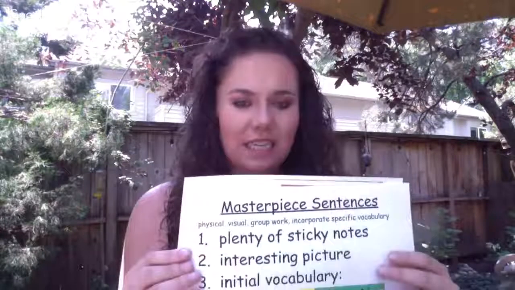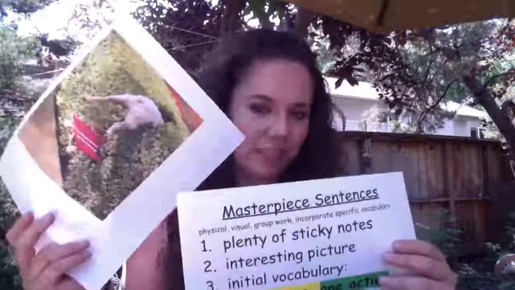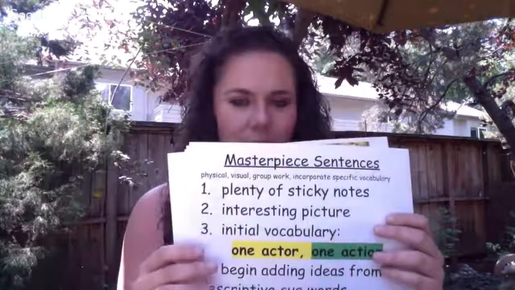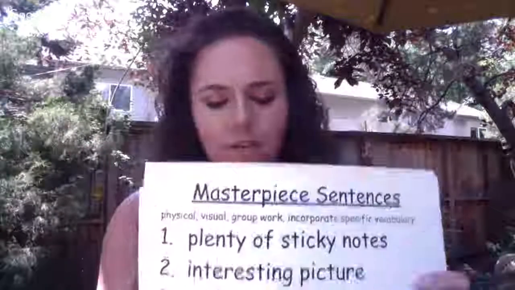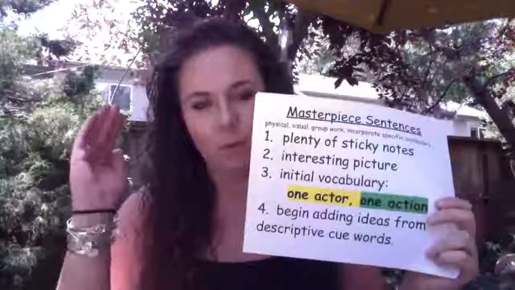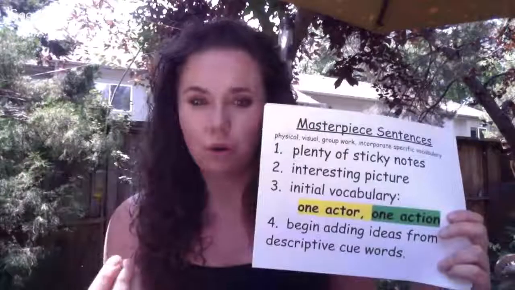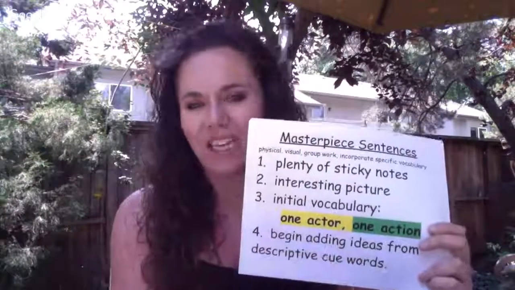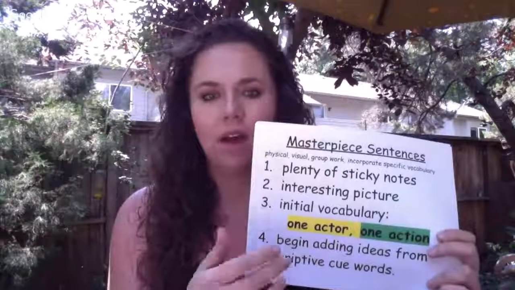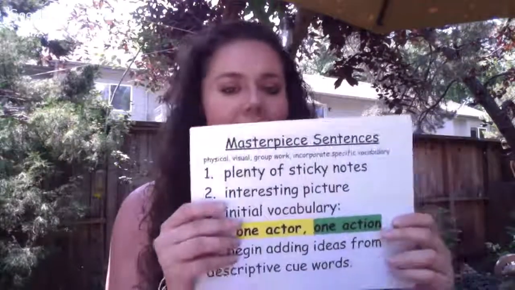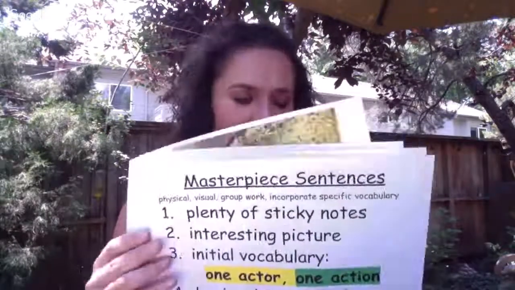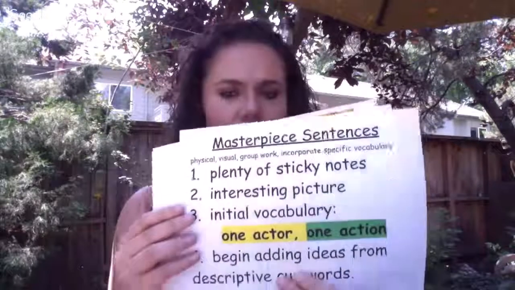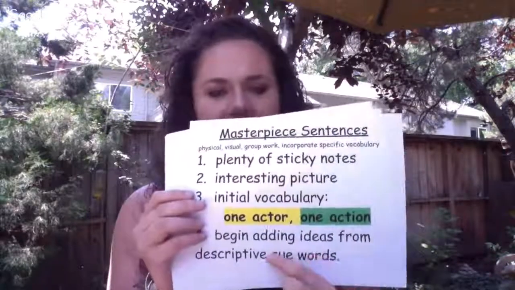Then you just need to get some kind of interesting photo that we'll get to in a little bit. And you start off by, as a class, identifying one actor, or a who, a noun kind of thing, and one action, like what's happening, the verb of a sentence. And then from there, I'll go through the lists of clues that we start going through. We just start adding descriptors from there.